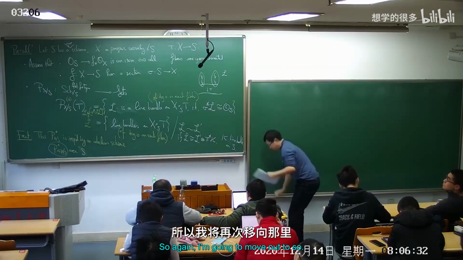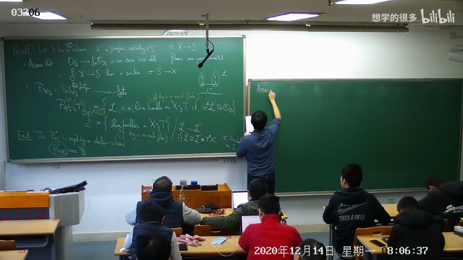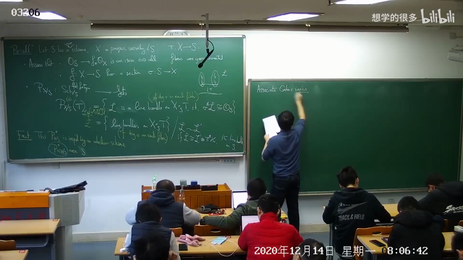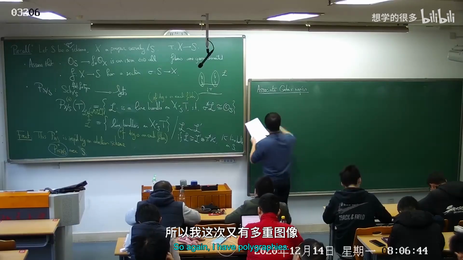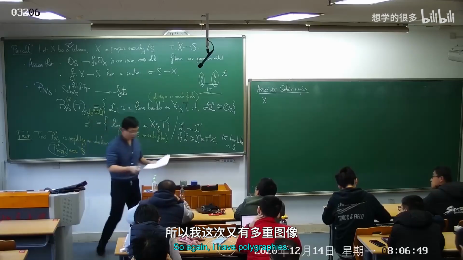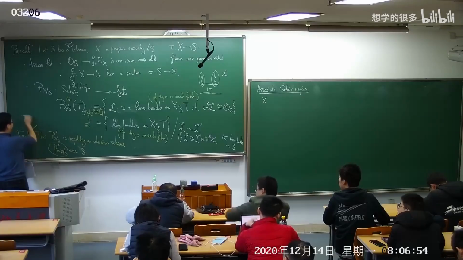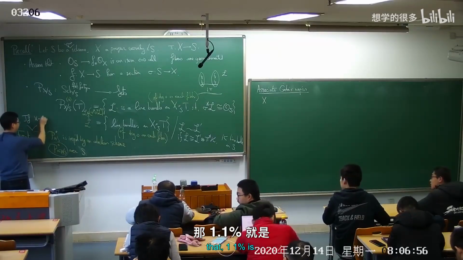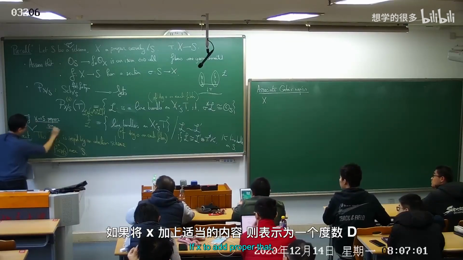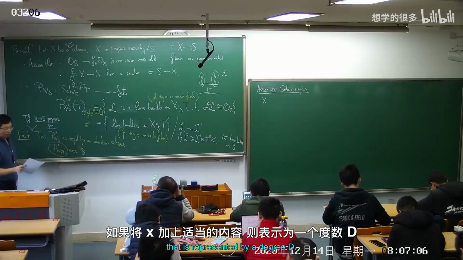So now, let's move on to the technology. So again, I apologize. Okay, proper smooth. If X → S is proper smooth, then this is represented by a scheme.